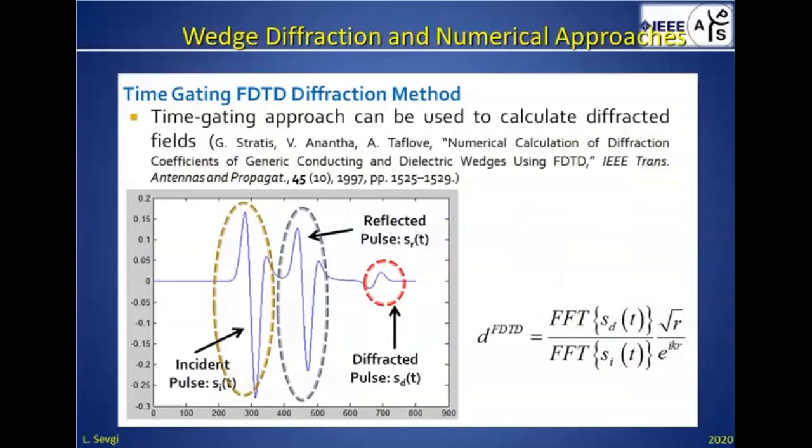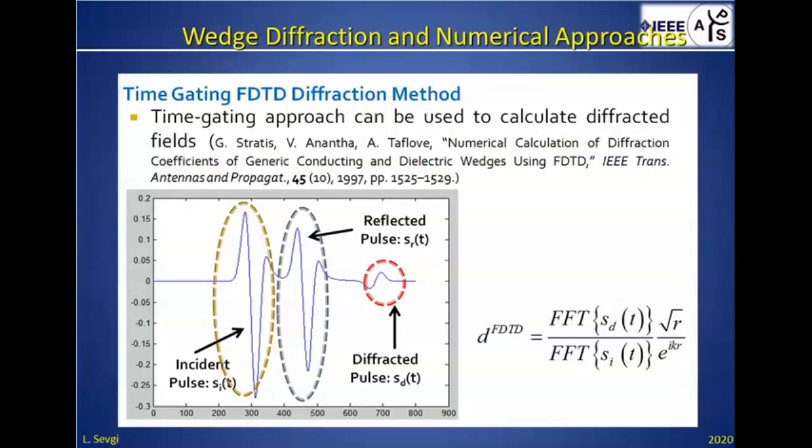So from that one, you separate the incident pulse, diffracted pulse, and reflected pulse, and we call it the time gating FDTD diffraction method. That was first introduced by Taflove and his colleagues. The equation on the right, the diffraction coefficient D, is given by the ratio of the diffracted time signal to the incident time signal.